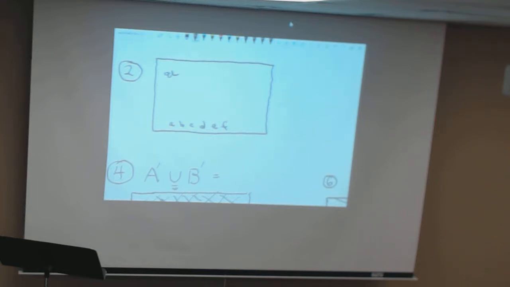And then it says for problem 2, A, draw a big circle A, and then draw another big circle B, and A is ABC. So I just put ABC in here. And B is DEF.